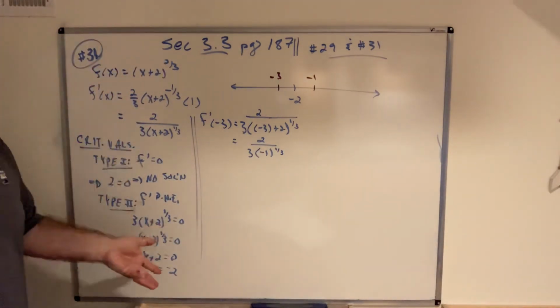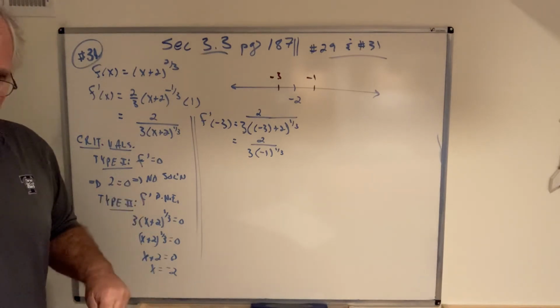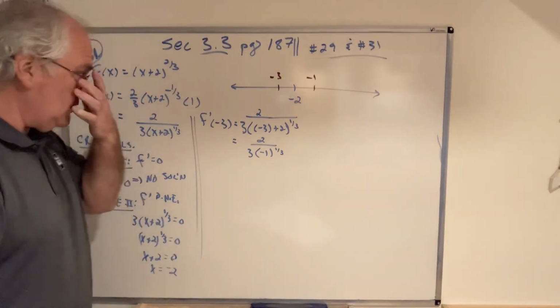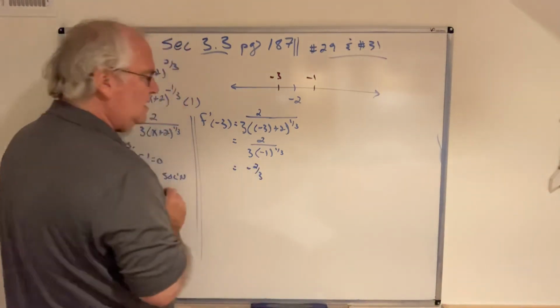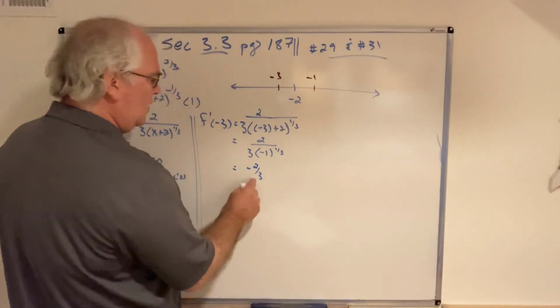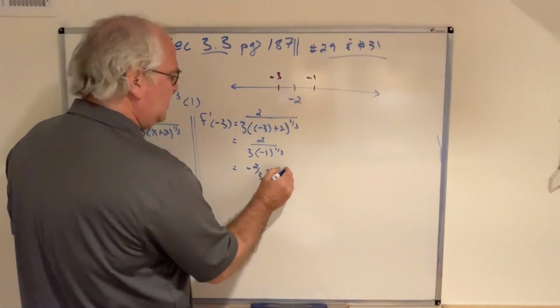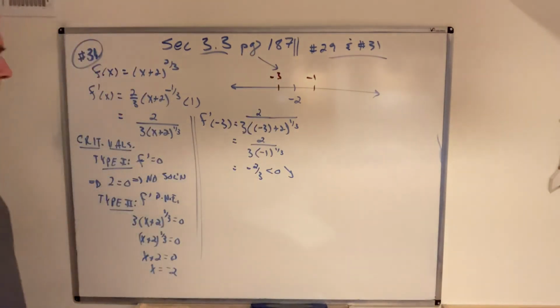And if you need to use a calculator, that's fine. That's just the third root. Remember that third root, the negative sign is retained. And so this actually works out to be -2/3. And for our purposes, all we care about is it's less than 0, because the derivative less than 0 means the function is decreasing. So in this interval, the function is decreasing.